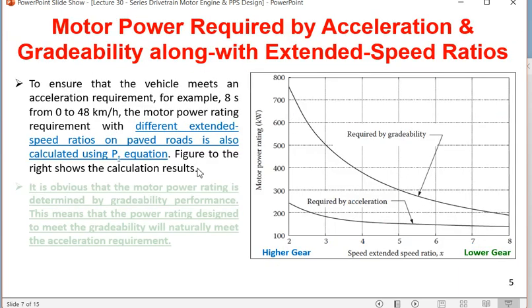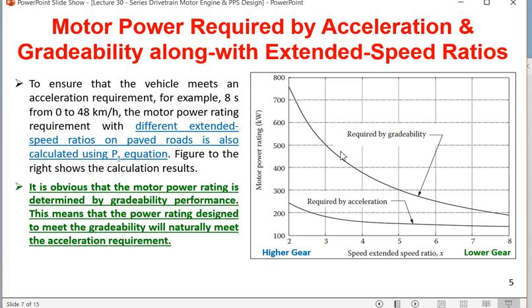This characteristic we have also seen in chapter number 4, where you have two graphs. The bottom graph is required by acceleration, the top one is required by gradability. Here also we find the same thing: the left side is the higher gear, having a lower value of X, lower speed ratio, and the right side is the lower gear or higher speed ratio.